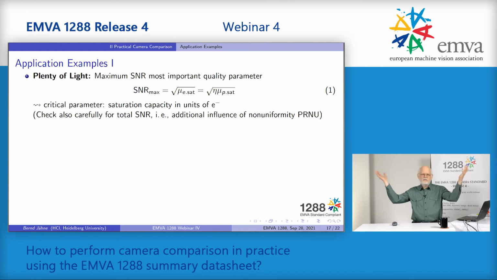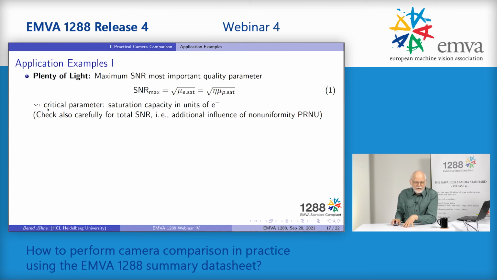Let's assume we have really plenty of light. Well, then it's very easy. Then we do not even take care of the quantum efficiency. We can always produce enough electrons because we have so many photons available. And so the only thing which governs basically the quality of our signal is how large the maximum SNR is.